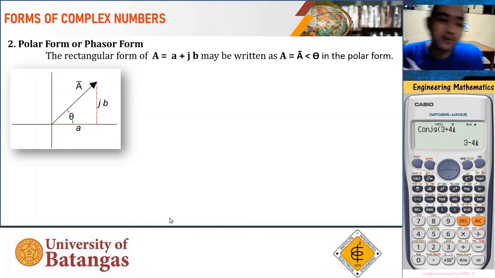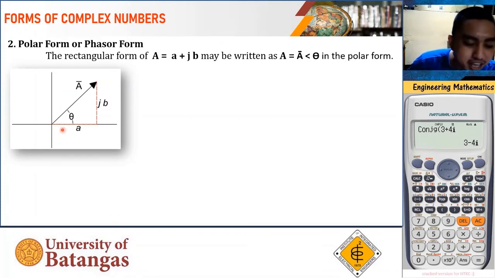So, kung meron tayong rectangular form, so alam natin na A plus JB yon. So, nasa first quadrant tayo. So, A natin, ito yung A natin, then ito yung ating JB. So, ito yung ating real, ito yung ating imaginary. So, yung ating A bar ay nasa first quadrant.